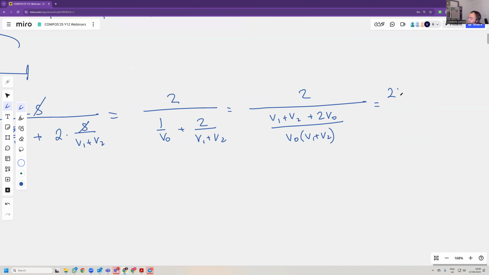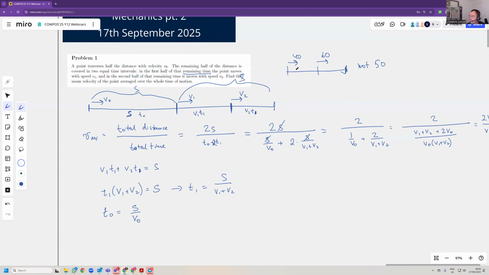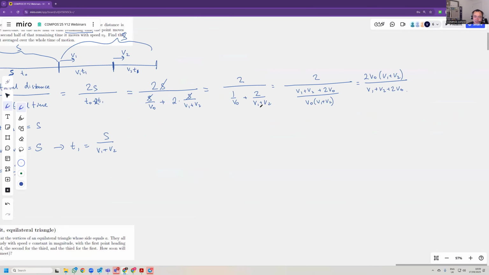That's equal to 2V0, V1 plus V2 divided by V1 plus V2 plus 2V0. Brilliant. So that's the expression for the average speed. We could have started with the simpler one, but I think it's given in the assignment, right? So we found the average speed, and that's the answer.